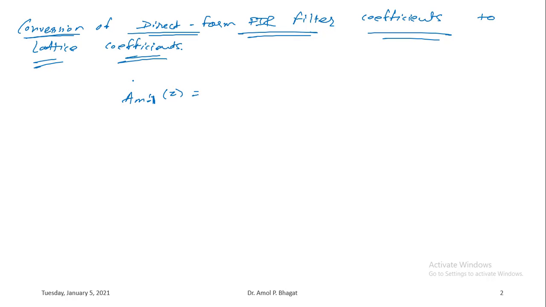Then we identified a1 of z, then a2 of z, and a3 of z. Okay, as in previous example that we had discussed, there were three coefficients. Okay, lattice coefficient k1, k2, k3. Therefore we identified a3 of z, right?